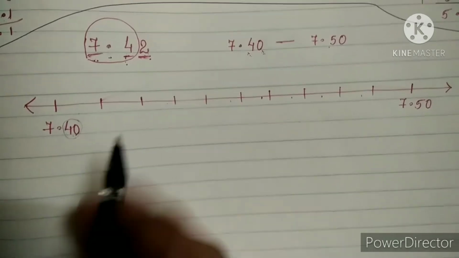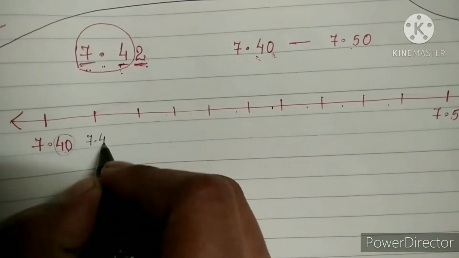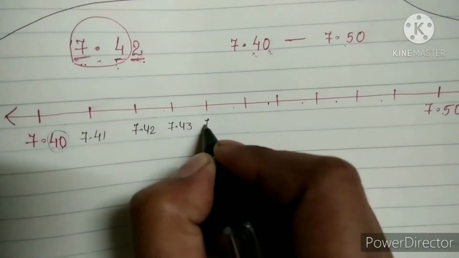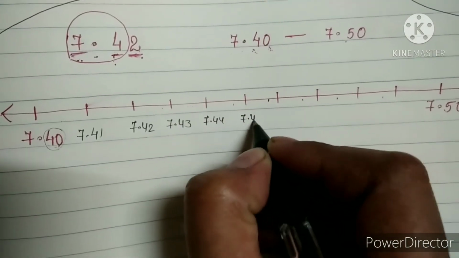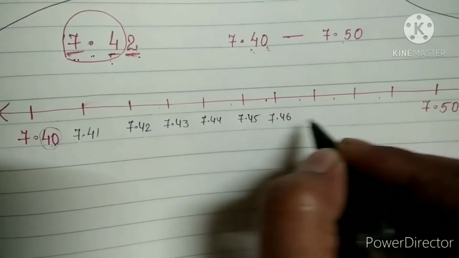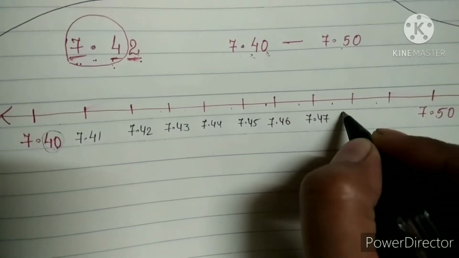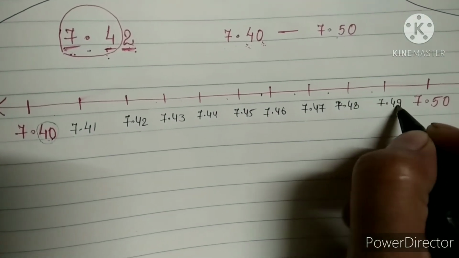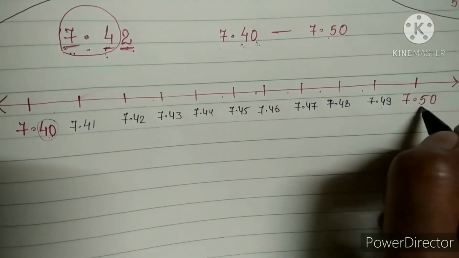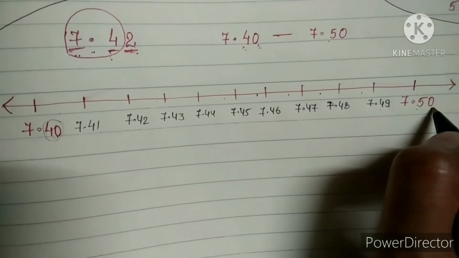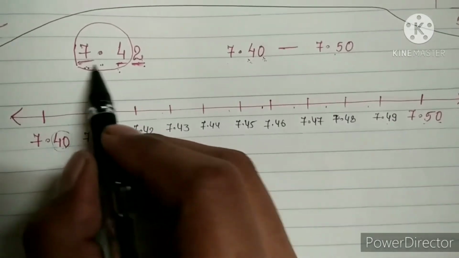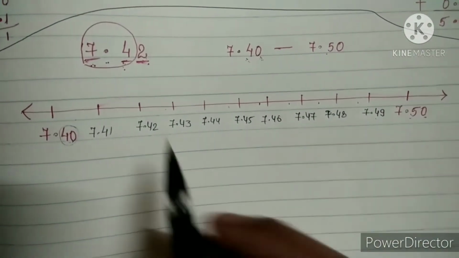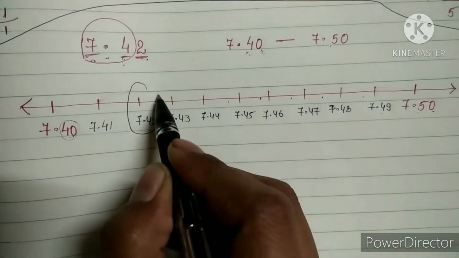After that 41 will come: 7.41, 7.42, 7.43, 7.44, 7.45, 7.46, 7.47, 7.48, 7.49. After 49 we get 50. We have to find 7.42. Have you seen 7.42? I hope you can see here is 7.42.